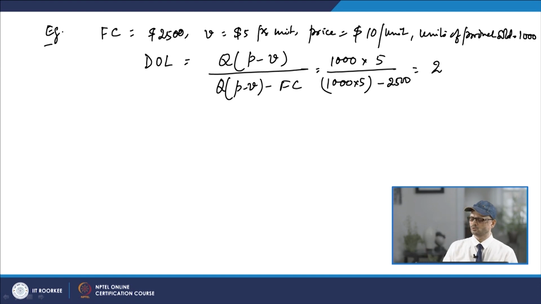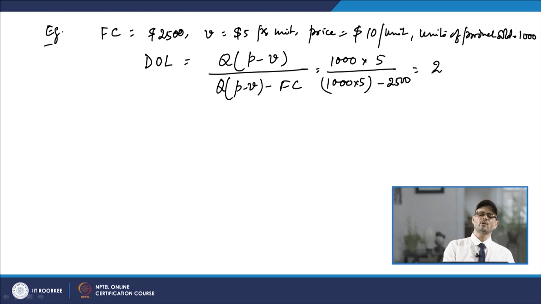Now, if you look at this expression for the degree of operating leverage, you see that it is the ratio of Q into P minus V upon Q into P minus V minus FC. So, if the FC is going to increase, the denominator value will be decreasing, and once it is decreasing, the whole quantity will be increasing.